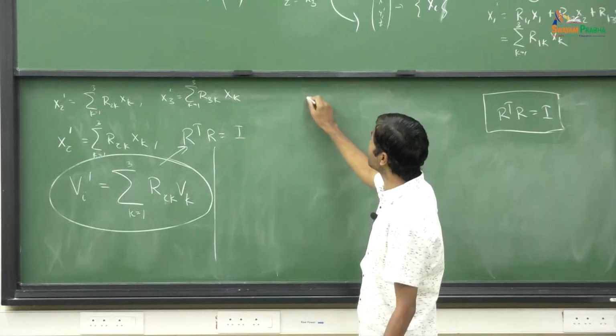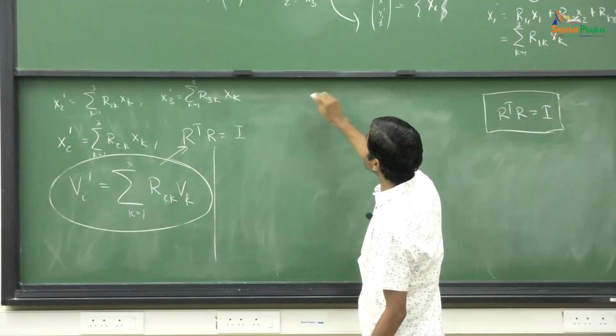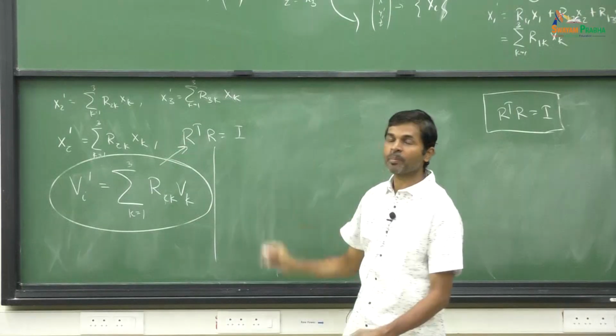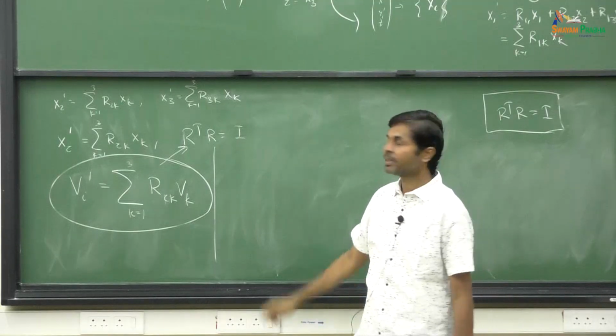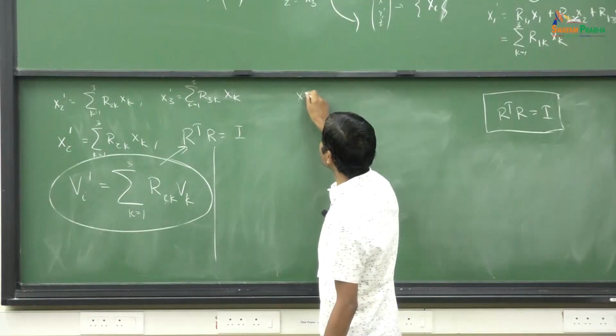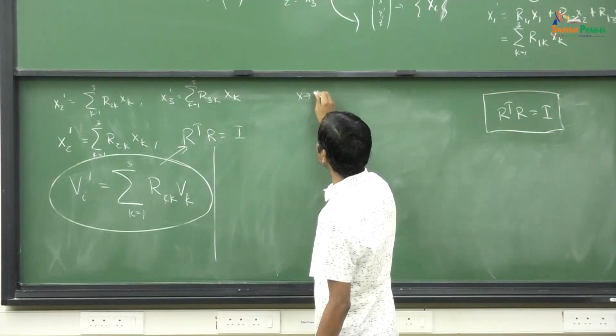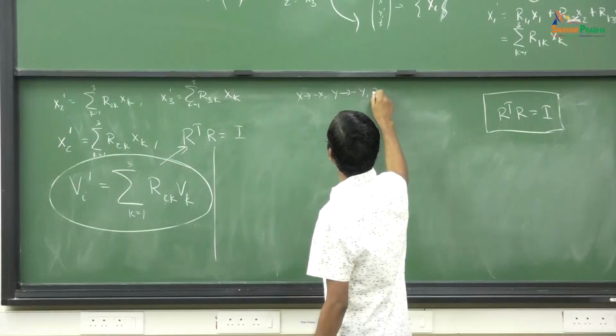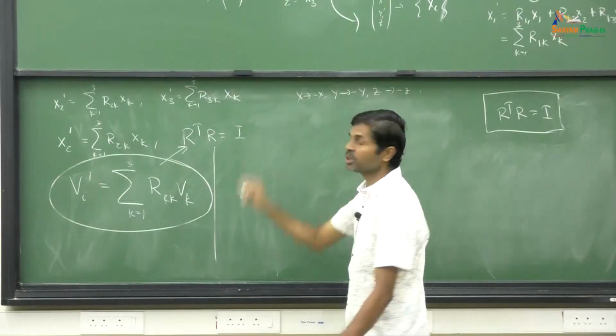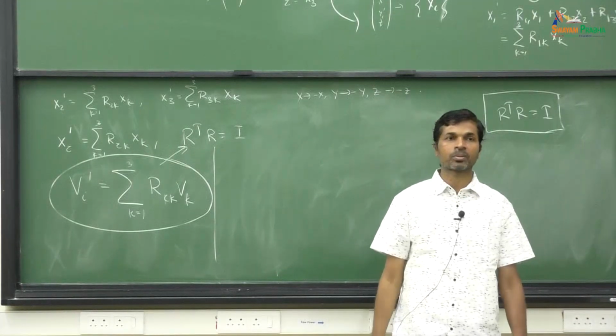Reflection basically means I will call this parity. It is just another fancy name for reflection. It is a transformation which takes x to minus x, y to minus y, z to minus z. Such a transformation is called a parity transformation.